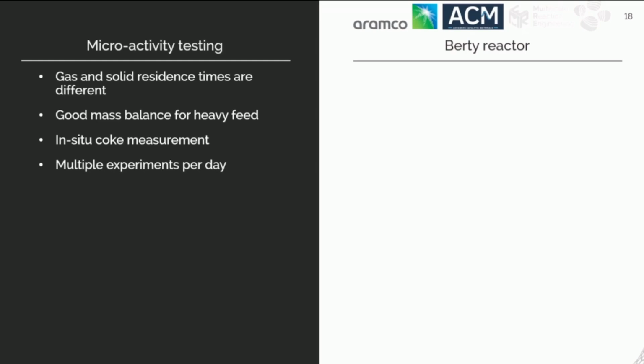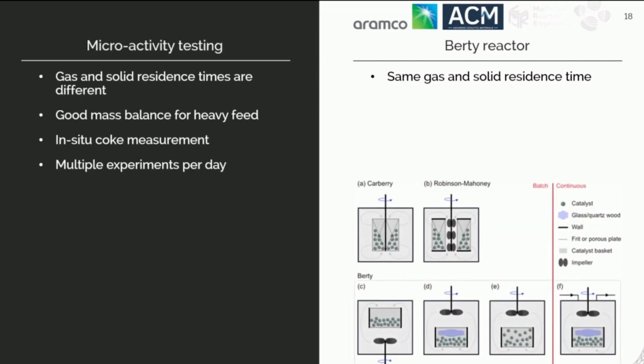But on the other side, we are also working on the Berty reactor. The main advantage is that we have the same gas and solid residence time. If you look at the different configurations, especially the lower part representing the Berty reactors, we have an impeller rotating. This is the main difference between this type of reactor and the MAT. For example, the MAT is the continuous one, but without an impeller and with the outlet from the bottom.